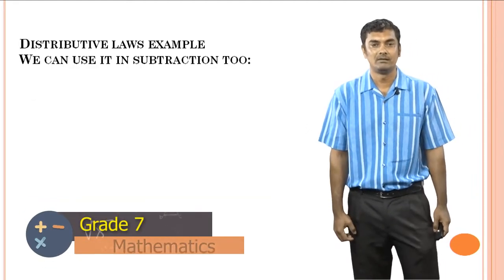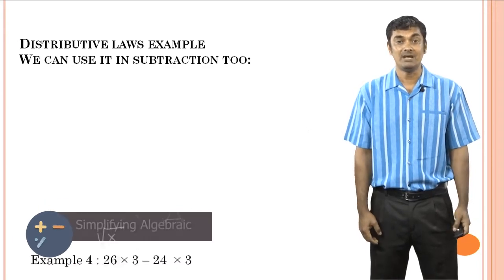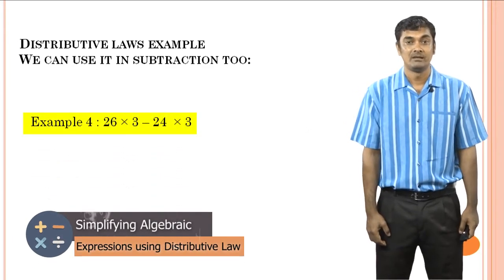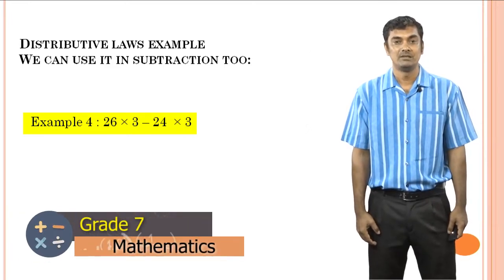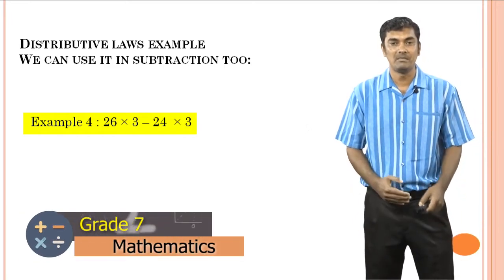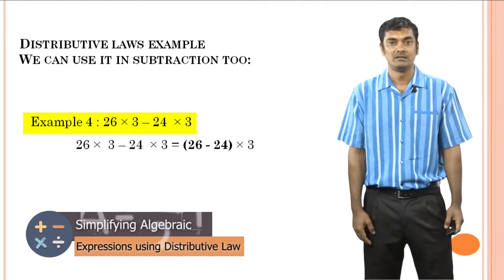Another example of using the distributive law, we can use it in subtraction too. For example, 26 times 3 minus 24 times 3. You'd have noticed there the common factor among these terms is 3.